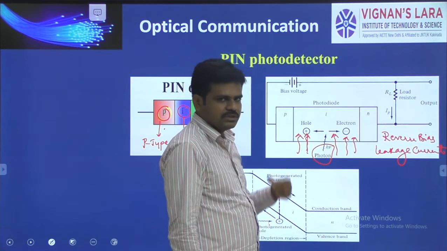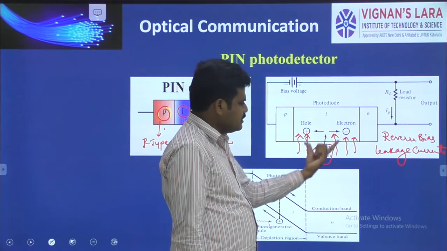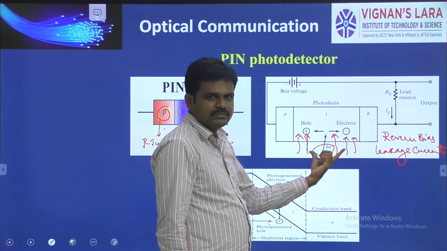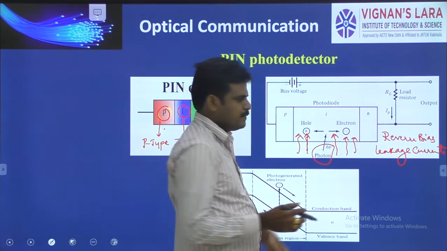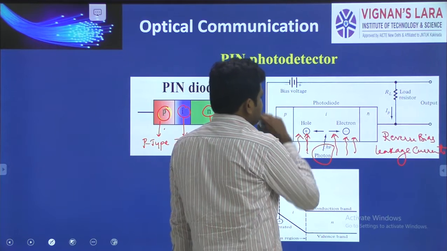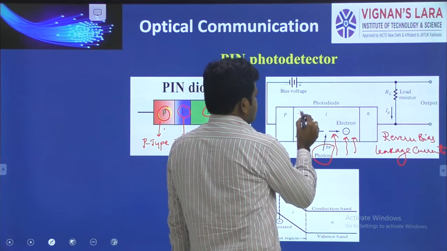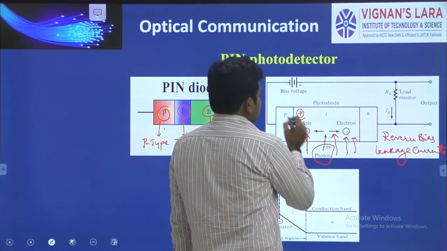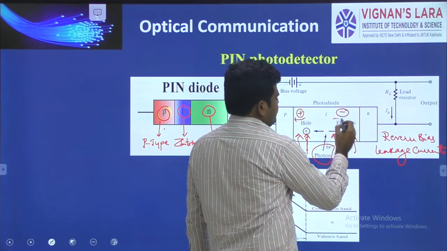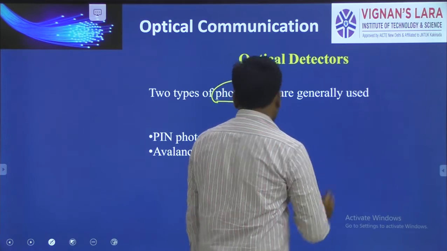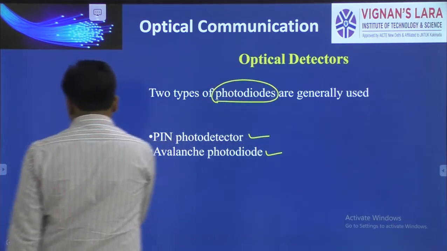Similarly here, when you apply energy or light, electron hole pairs are separated. Due to this, the holes will move towards the negative terminal of the battery, and the electrons will move towards the positive terminal of the battery.